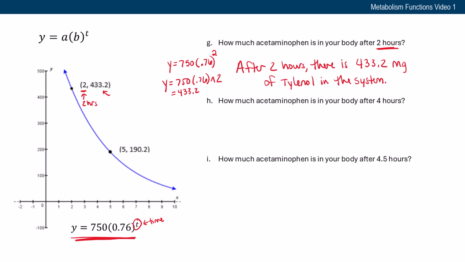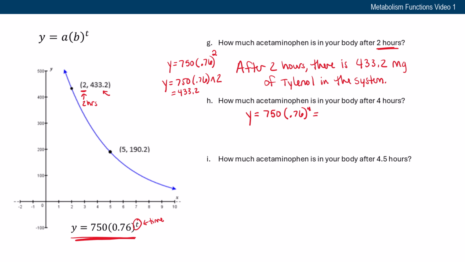All right, part H. It is saying how much acetaminophen is in your body after 4 hours. If we look at the graph, we do not have 4 hours as one of our data points, so that means we have to go to our equation. So we're going to do y equals 750 times 0.76, and this time we're going to raise it to the 4th power because we are 4 hours in.